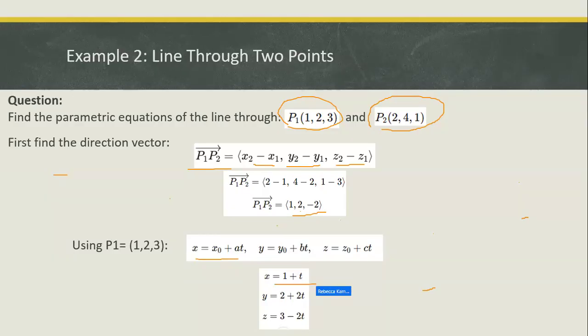In the first equation, x is equal to 1 plus t, because we have 1 here and the direction vector is 1, which remains t. And y is equal to 2 plus 2t, since the direction vector is 2. And z is equal to 3 minus 2t. Again, we can plug this into Desmos, and we have our graph.